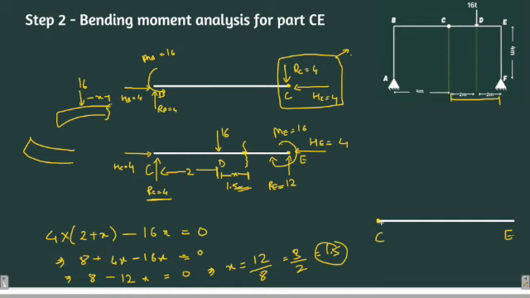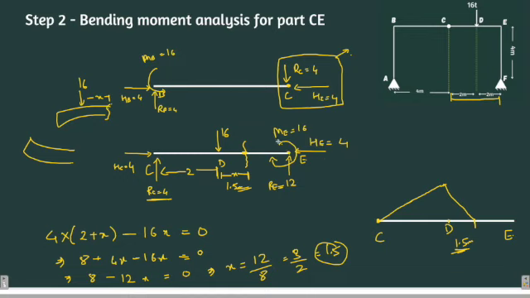Now, the bending moment will start increasing as I move from point C to D. So from point C to D, it is continuously increasing. After D, it will start decreasing, and at that distance from D, I hope this is clear, it will be 0.